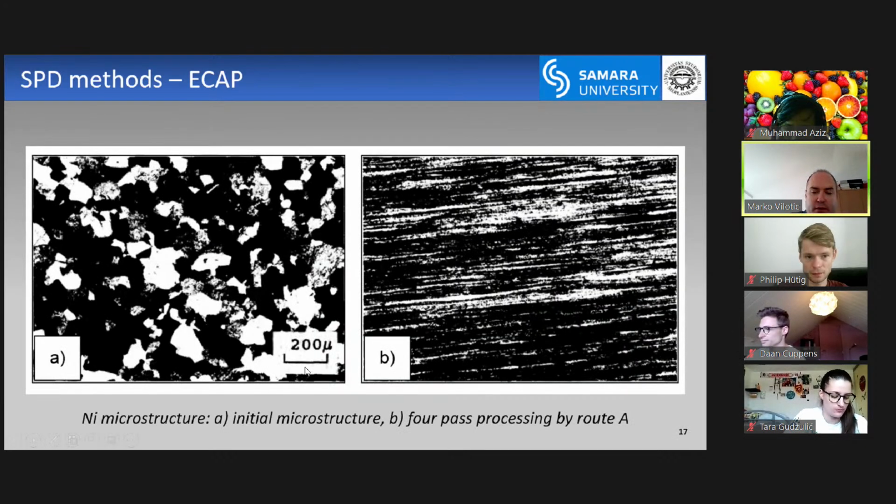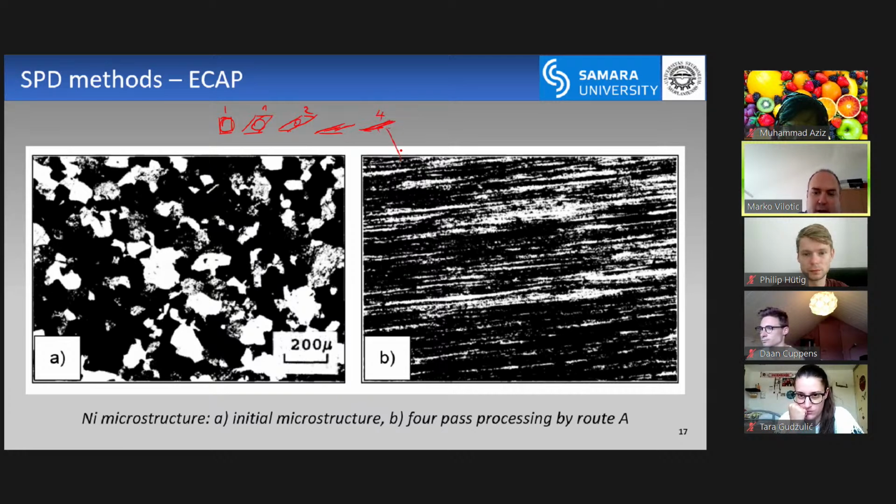So here, for example, we have the microstructure of nickel. You can see the initial microstructure and 4-pass route A. So what does it mean? When we check our square with the circle, it was like this. This is the initial, then 1 pass, then 2nd pass, then 3rd pass, and I guess this is the 4th pass.